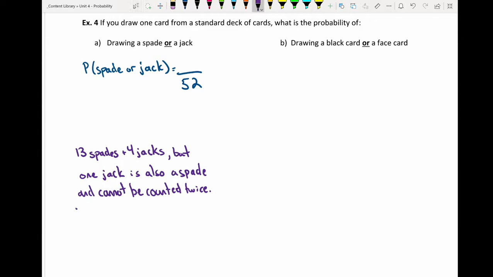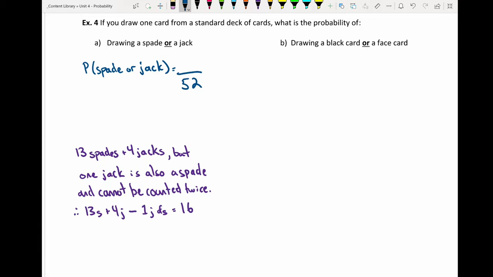So you have 13 spades plus 4 jacks, but you have to subtract the overlap, minus 1 jack of spades, which gives you 16 total possible outcomes.